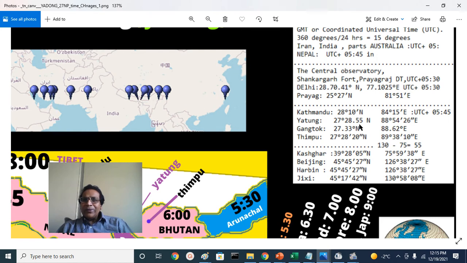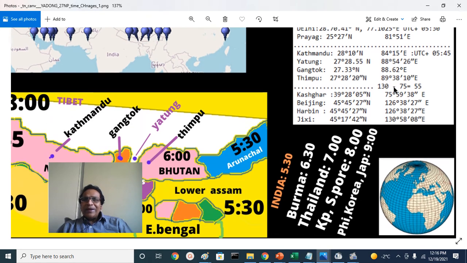Kathmandu 28 degrees north of the equator, Yatung, that is Yadong, is 27.28, Gangtok 27.33, Thimphu in Bhutan 27.28. These are all on the parallel. What we are taking is the meridian, east of the meridian, that is the longitude 84, 88, 88, 89. All we are looking at are the nearby areas.